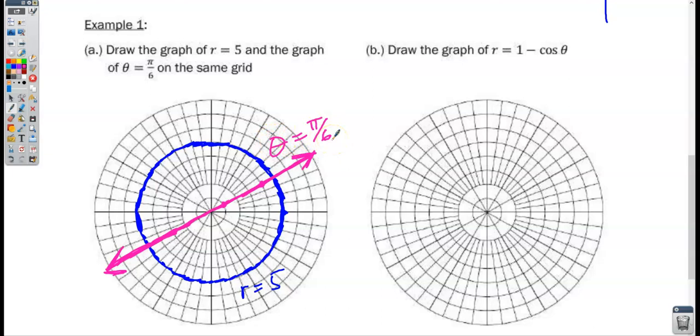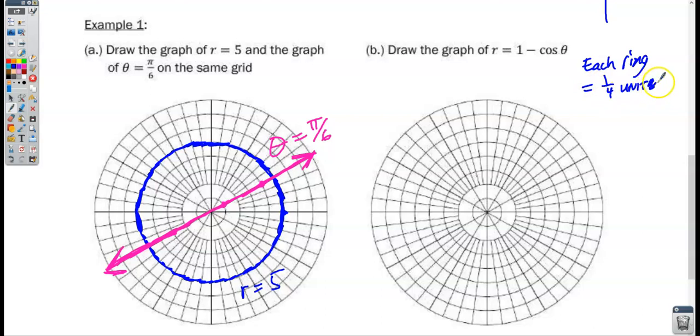Now in part B, we're going to draw the graph of r equals 1 minus cosine of theta. In order to do this, I'm going to change our scale on this graph a little bit so that it's easier for us to graph and easier for us to read. We are going to define each ring in this graph to be equal to 1/4 of a unit.